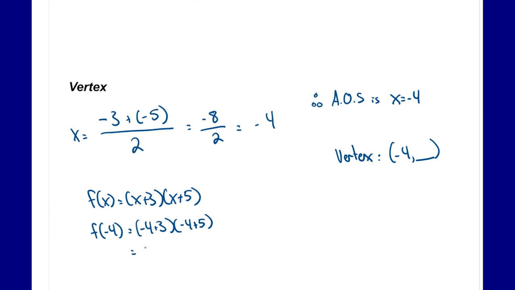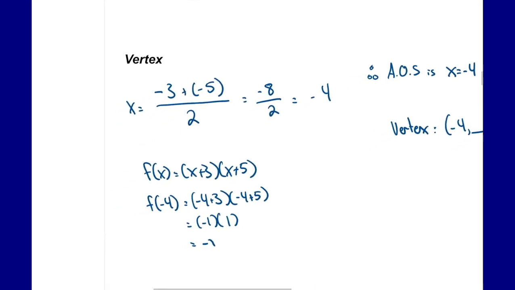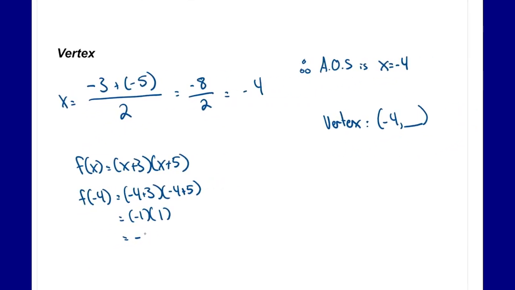Negative 4 plus 3 is negative 1. Negative 4 plus 5 is positive 1. Negative 1 times positive 1 is negative 1.